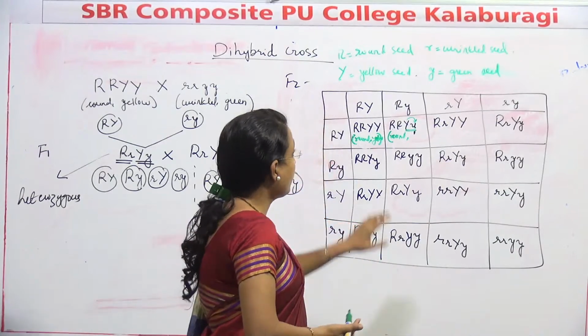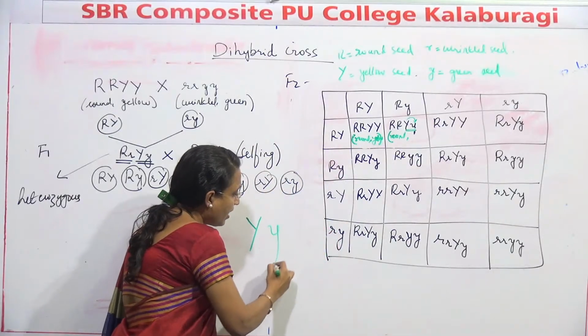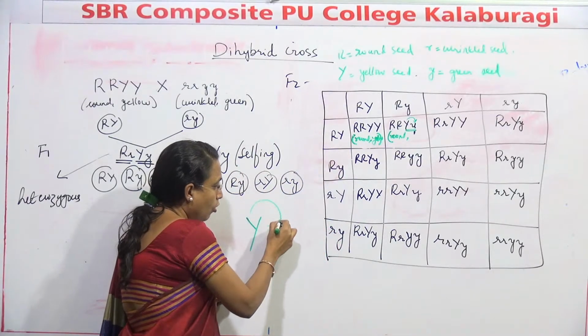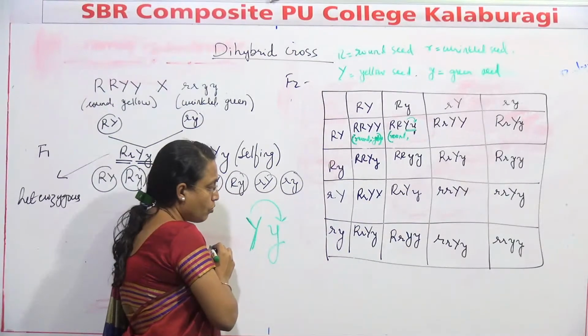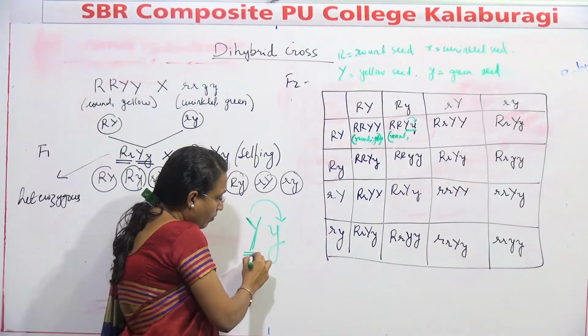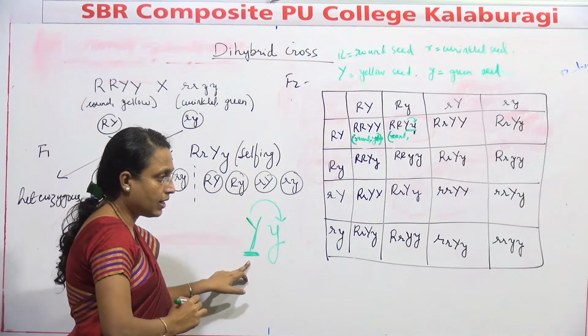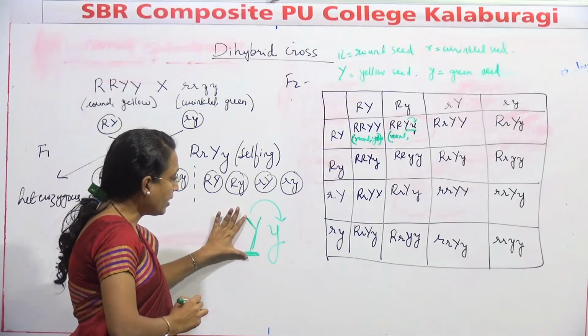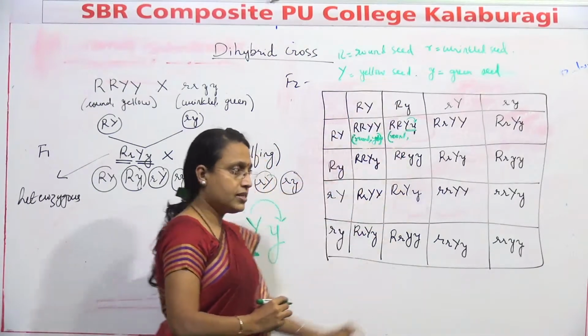Understand? So capital Y will be dominating over small y. So whose character will you write there? The character of the dominant allele, which is capital Y. Now capital Y is the yellow color of the seed.